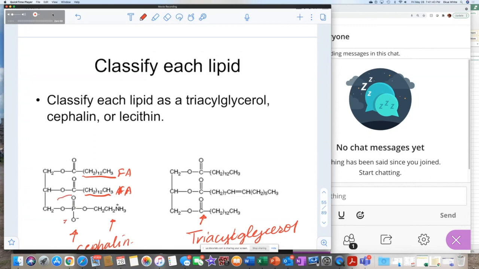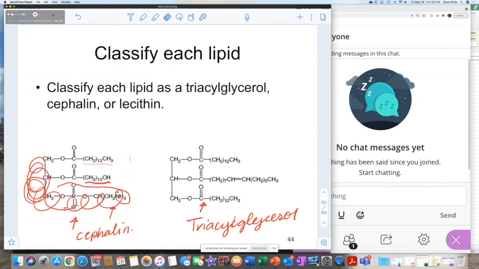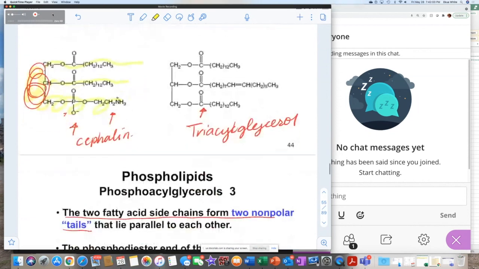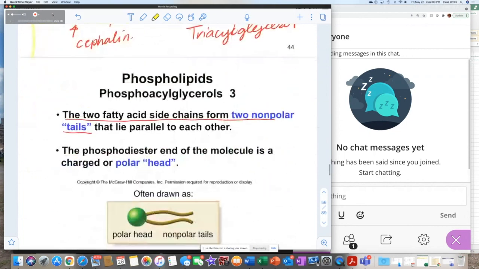If you take this phosphate group and roll it up to put it down here, then these two form a tail. Imagine you roll this up into a ball right here. These two form a tail. So from this structure, we get that structure.